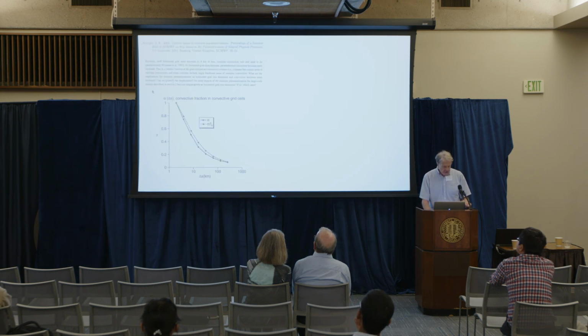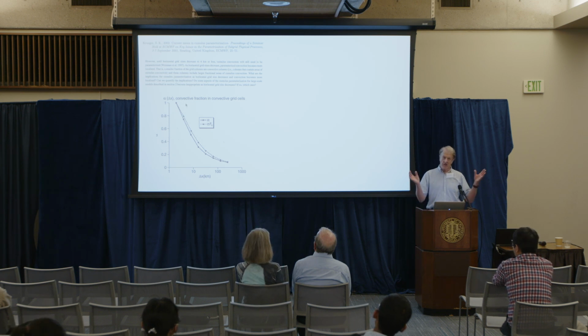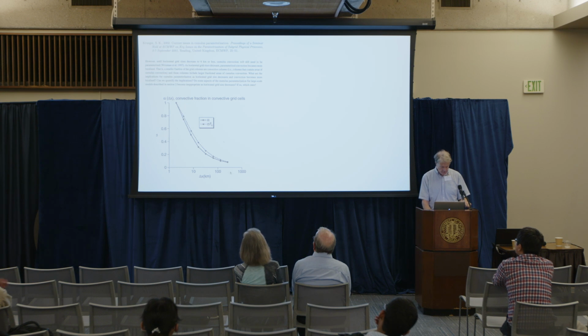Something that I was thinking about, and got Akio and Chenming Wu thinking about later on, is what happens when you start to reduce the grid size and the convective circulations start to fill up the column.